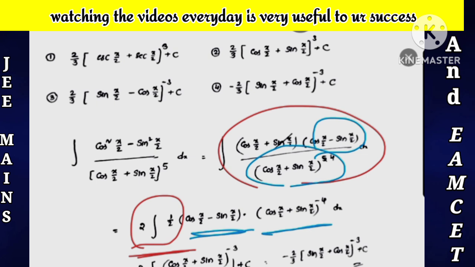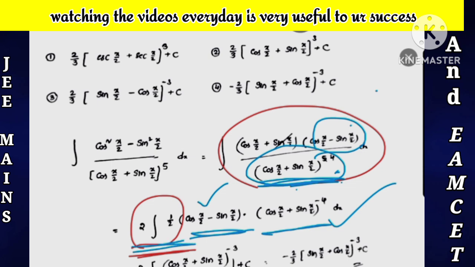Understand all of you? The numerator remaining value is cos x by 2 minus sin x by 2. Now I am writing the denominator at the numerator by taking the negative power, so this power 4 becomes minus 4. Before that, I applied the 2 and 1 by 2 value like that.